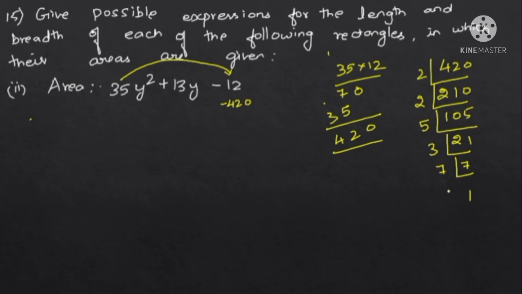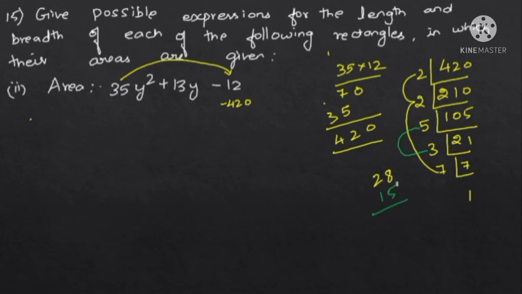Now I have to choose two numbers such that if I add these two numbers, we should get 13, and if I multiply these two numbers, we should get minus 420. Okay. So here, what are the possible numbers? 2 2s are 4, 4 7s are 28, and the remaining 5 3s are 15.